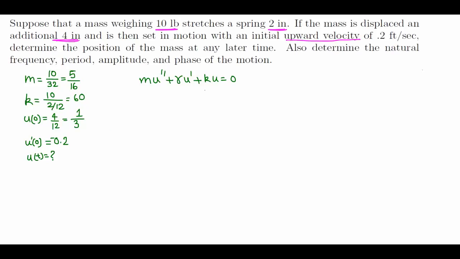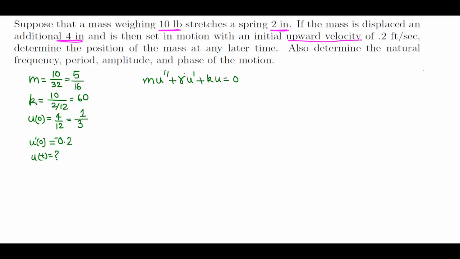Here is the differential equation that models this mass spring problem: m u double prime plus gamma u prime plus k u equals 0. In this question there is no mention of gamma, so we have no viscosity, so gamma is 0.